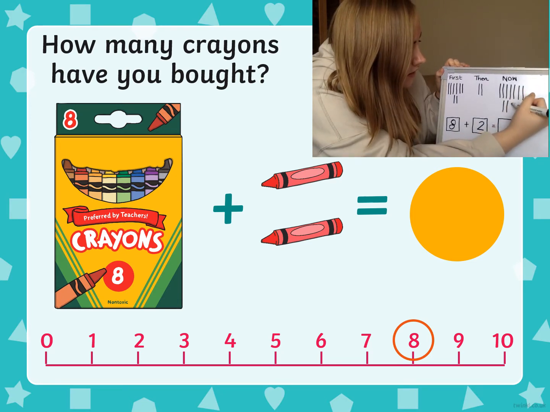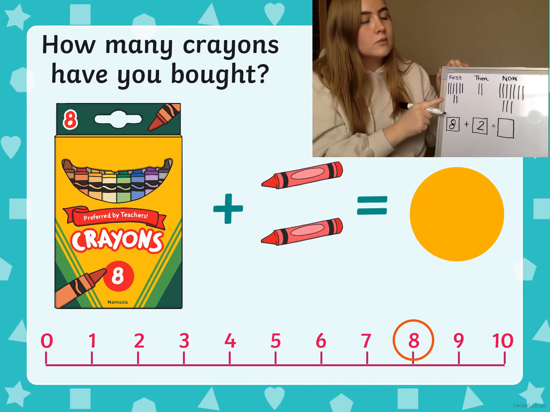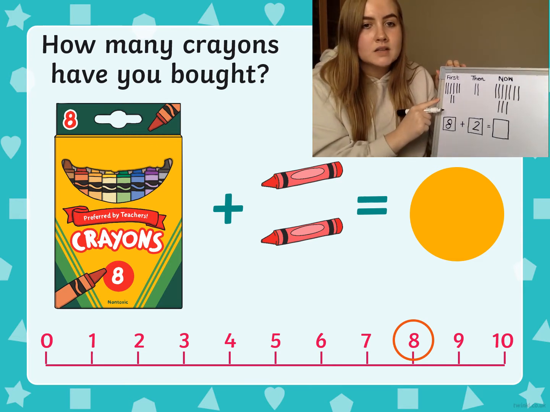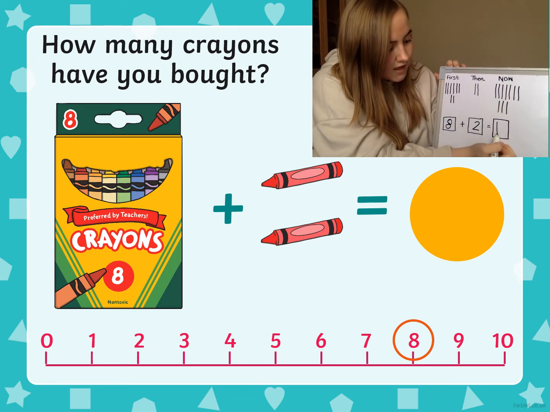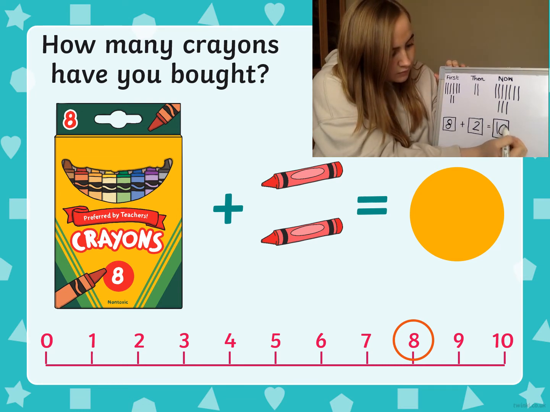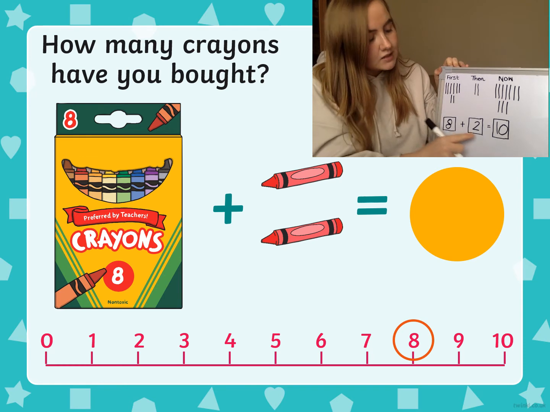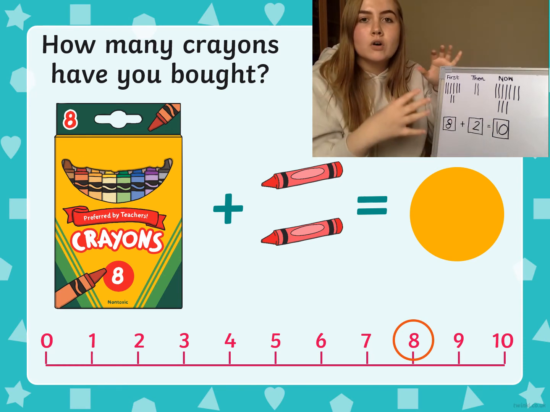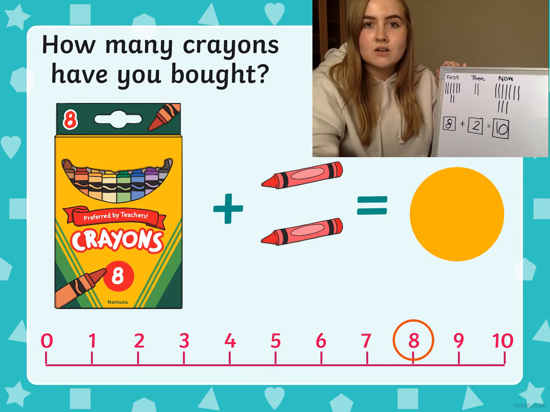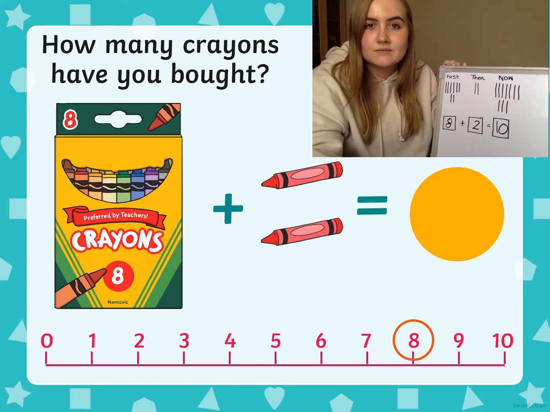So first we had 8 crayons in our box, then we put in 2 more, now we have 10. So again, that's a number bond to 10. 8 and 2 make 10. So once you put all your objects together, make sure you've got 10 objects all together.